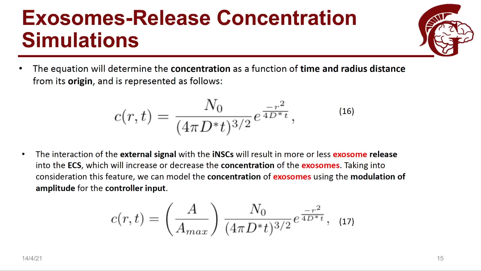But having the interaction of the external signal with the induced neurostem cells results in more or less exosome release into the extracellular space, which in turn increases or decreases the exosome concentration. So taking this into consideration, we model the concentration as a function of the amplitude as well as a function of the distance and the time. And we can see this in equation 17.